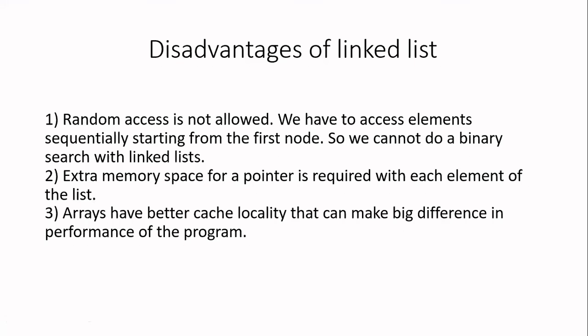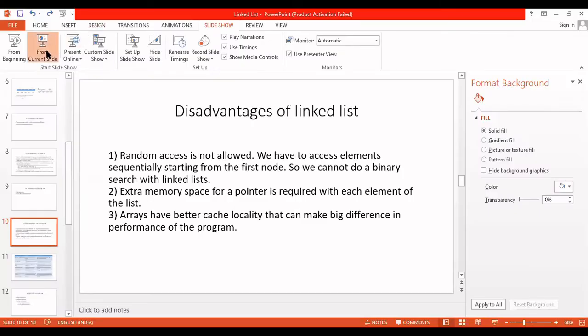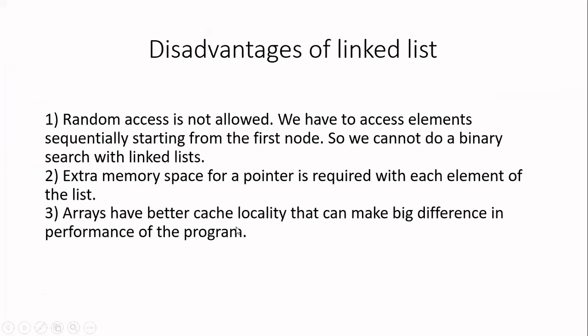For example, if I have a program, if my first instruction is stored at some address 1000, the next instruction will be stored in the next address only. They will be stored in continuous memory locations. Always, in array, we are storing all the elements in continuous memory locations. Whereas in case of linked list, we are not storing the elements continuously. The last disadvantage is that arrays have better cache locality.